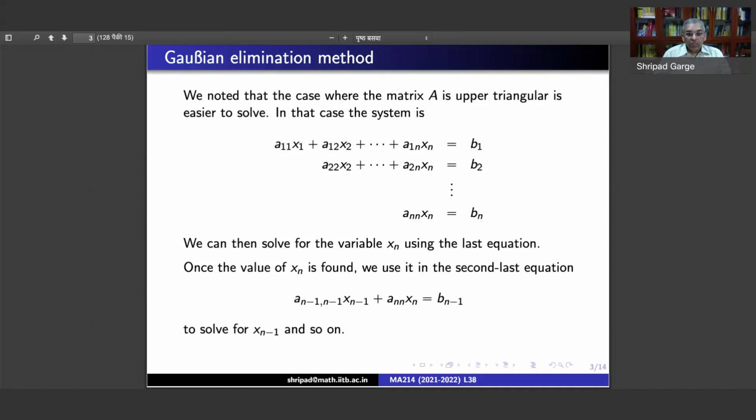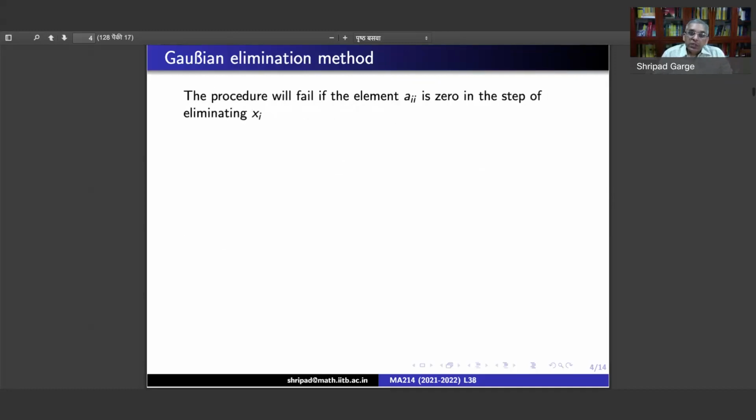Okay, the procedure is going to fail if the element aii is 0. The way we have defined the procedure, this is going to fail if some diagonal entry aii happens to be 0 after having cleared the variables x1 up to x(i-1) from the equations ei onwards. So we will first clear x1 from e2 onwards.